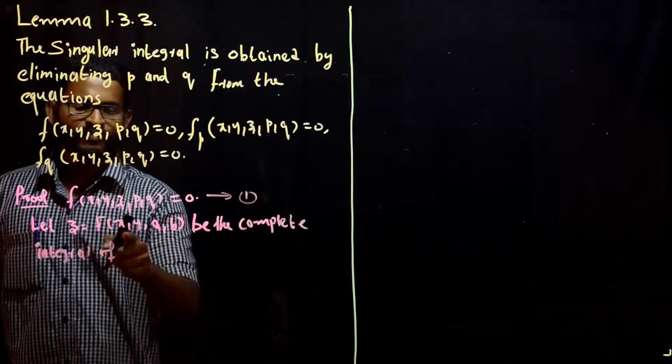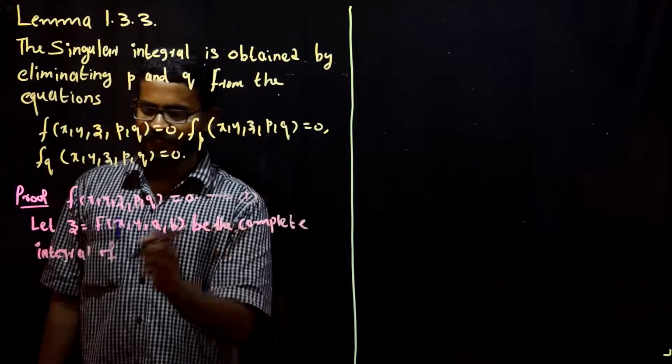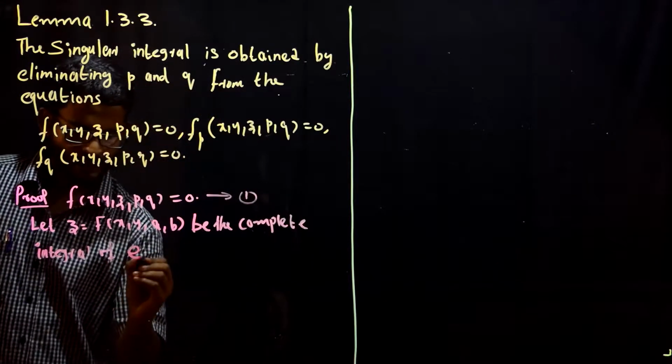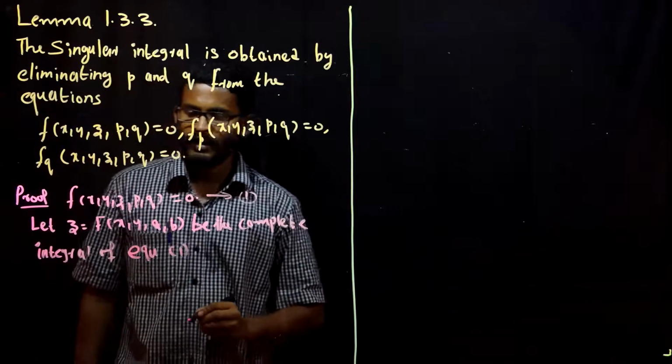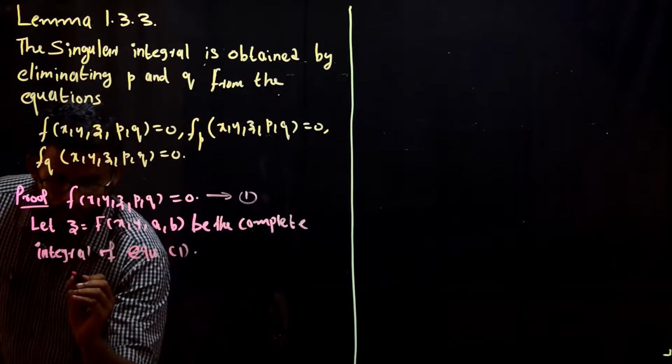Let z = f(x, y, a, b) be the complete integral of equation 1. And we know what small p is: p = ∂z/∂x.